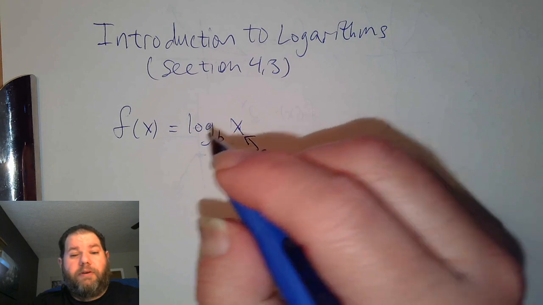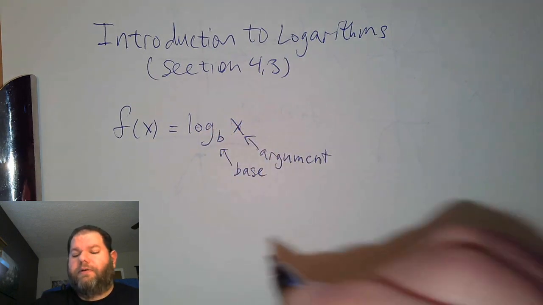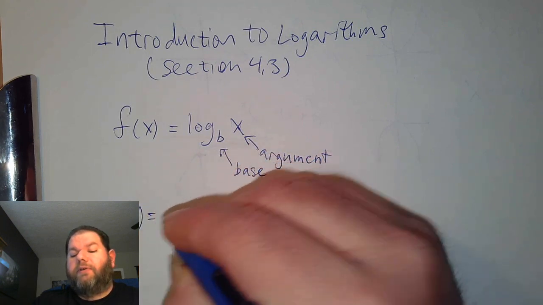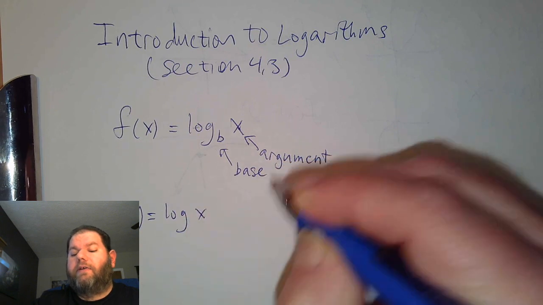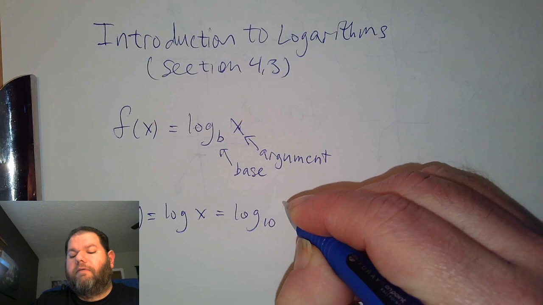We have two specific types of logarithms that we don't write the base for. If we have y equals log x, this is the same thing as log base 10 of x.